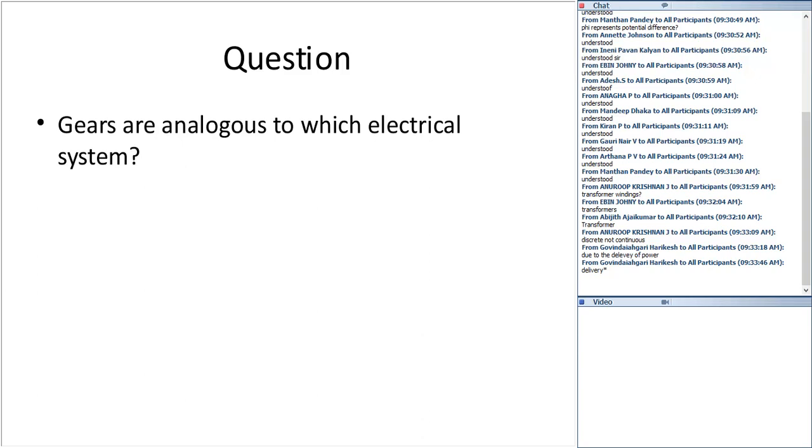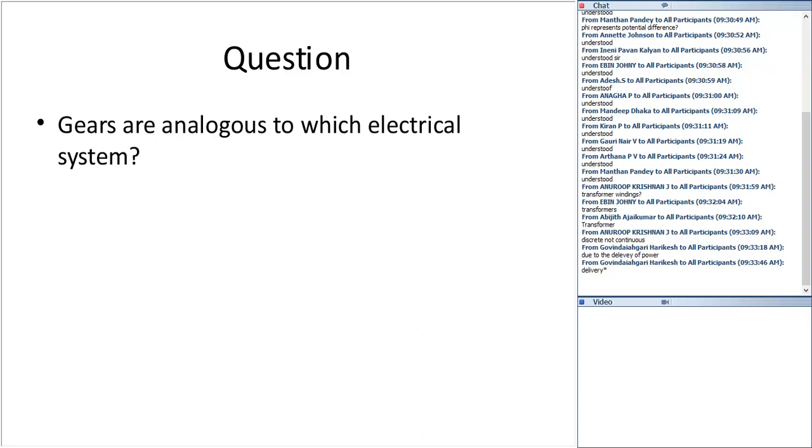So gear is analogous to transformer, but somebody is saying gear is analogous to potentiometer. So the question is why gear is analogous to transformer? The textbook gives you gear is analogous to transformer.